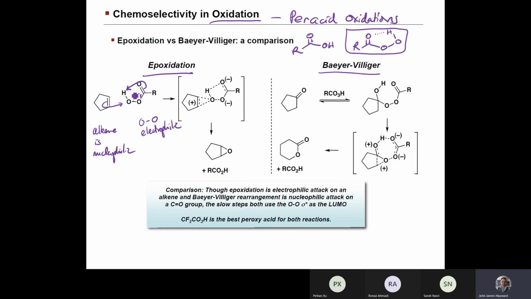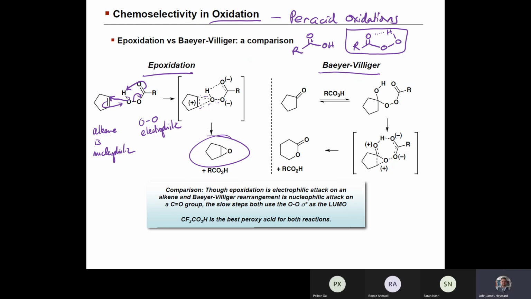And that oxygen, which remember is involved in a hydrogen bond, that hydrogen starts to deprotonate that hydrogen bond. And at the same time, those electrons then attack to the other end of the double bond. Okay? Doesn't matter which way around we draw this, we end up with these bonds being formed at the same time as this bond being broken and the oxygen transferring. So we end up with this epoxide.